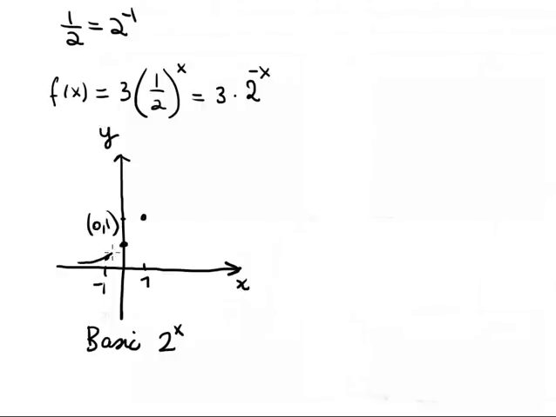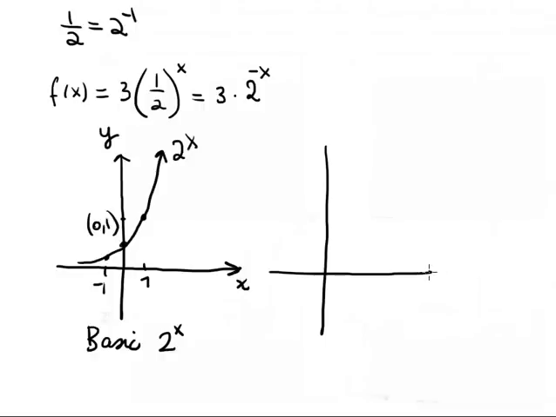And this is the typical base exponential with the base 2. So we do the first transformation: changing x to negative x is a reflection about the y axis.